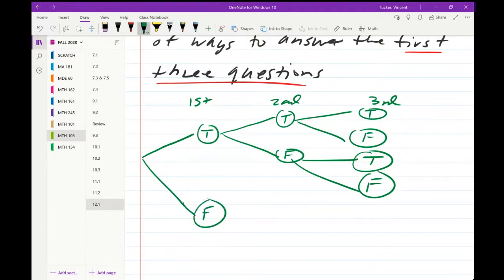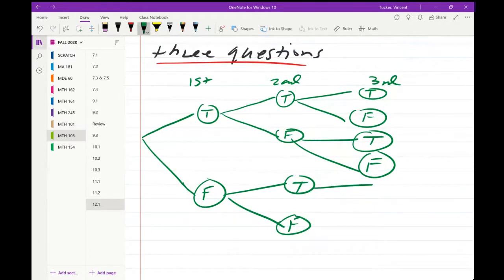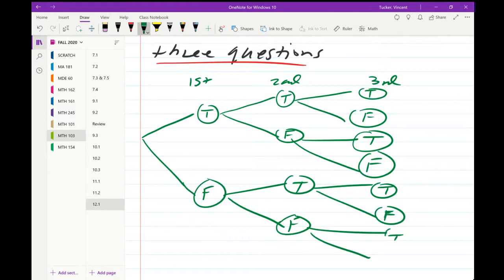So if you answer false first, 2 options, true, false. True and false comes down here. True and false down here.